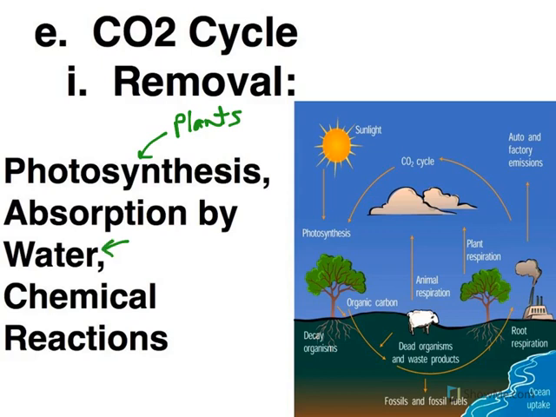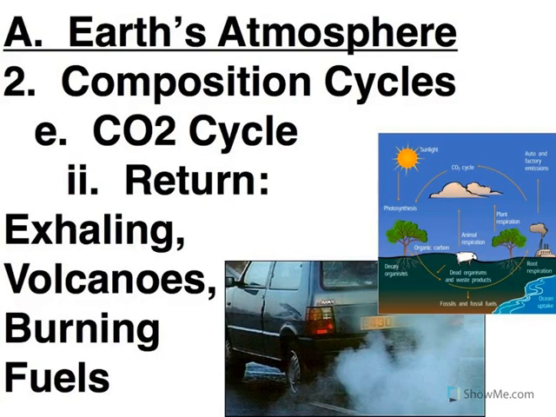Water does a good job of absorbing carbon dioxide, and some chemical reactions with rocks, for example, will react with carbon dioxide as well. So lots of possible ways of removing carbon dioxide from the atmosphere. Lots of ways of putting carbon dioxide back into the atmosphere.